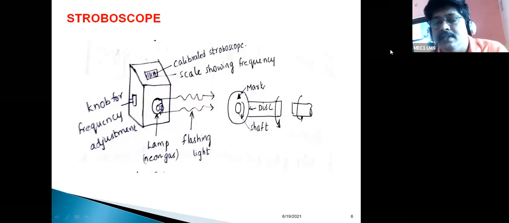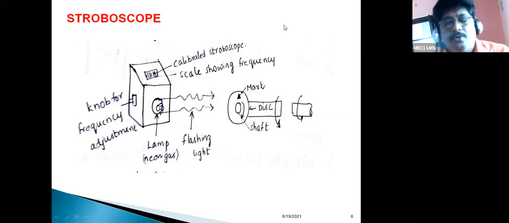The electrical signals generated are proportional to the speed of the rotating shaft. So anyway, we will discuss. It's very simple. So mechanical type of tachometers are four, and electrical type of tachometers four. So no problem. And next we will go for a stroboscope.